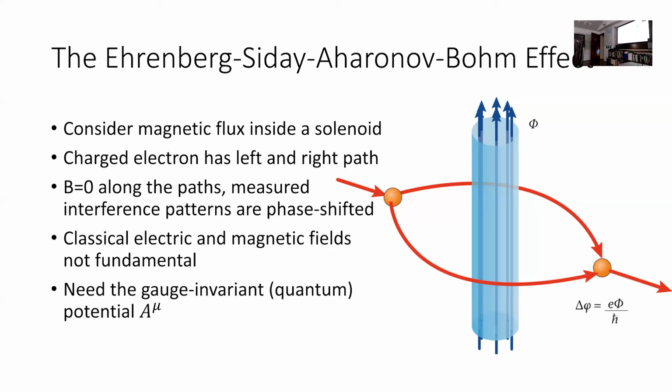And then there's this phi, and minus gradient phi minus dA/dt gives us the electric field. So A mu is a 4-vector that combines phi in the time component and A in the spatial component and puts it into a 4-vector.